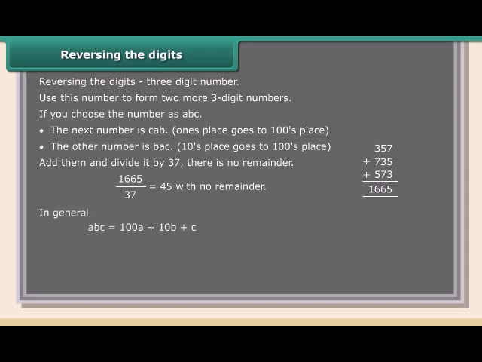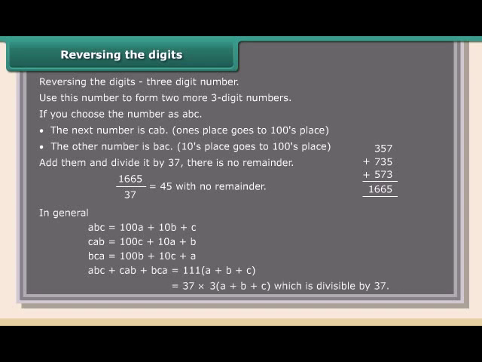In general, ABC is equal to 100A plus 10B plus C. CAB is equal to 100C plus 10A plus B. BCA is equal to 100B plus 10C plus A. ABC plus CAB plus BCA is equal to 111 into (A plus B plus C), which is 37 into 3 into (A plus B plus C). So the sum is divisible by 37.